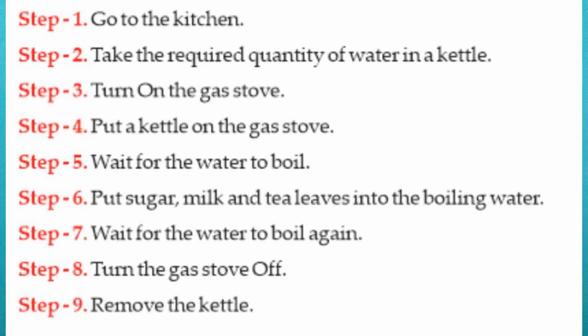For example, if you want to write an algorithm for preparing a cup of tea, how will you write it? First, you will write: go to the kitchen. This is the first instruction. Second, take a utensil and take some water in it to prepare the tea.